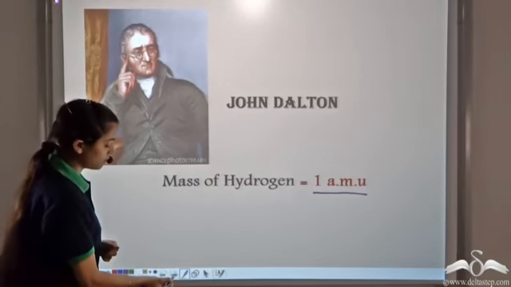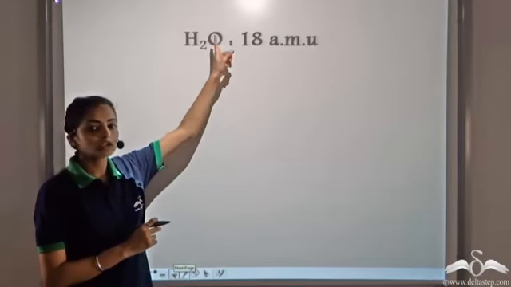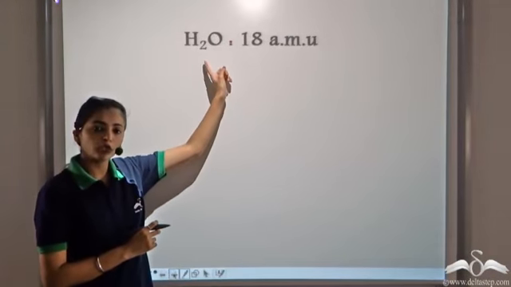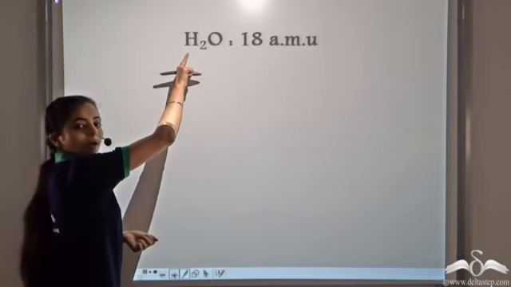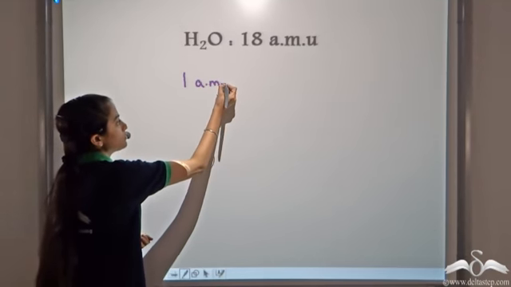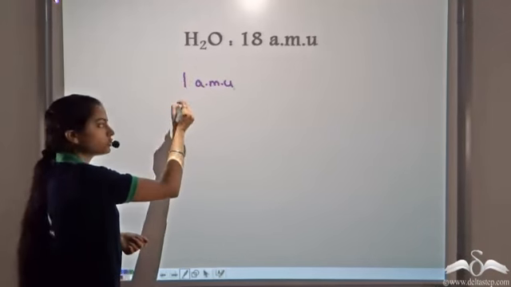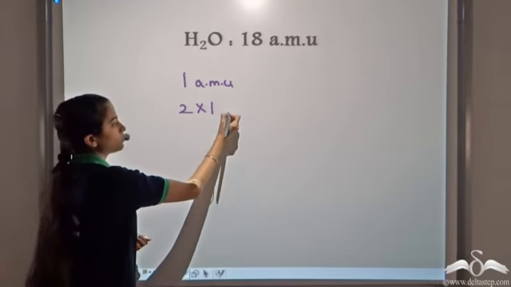So when hydrogen combines with oxygen, it forms water. The mass of water, or one molecule of water, is 18 atomic mass unit. We know that the mass of hydrogen is 1 atomic mass unit. There are 2 hydrogens, so we get 2 into 1 atomic mass unit.